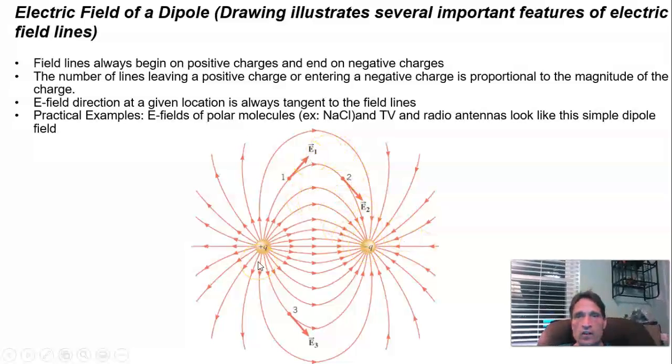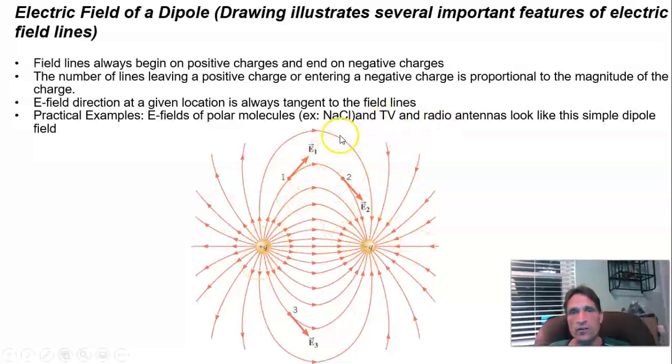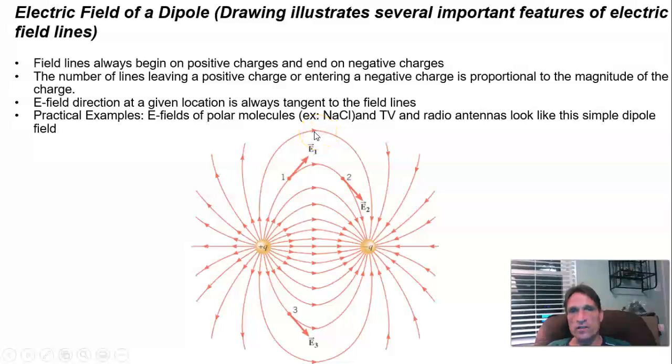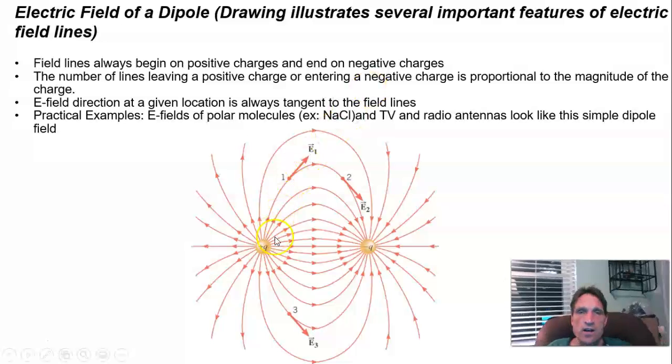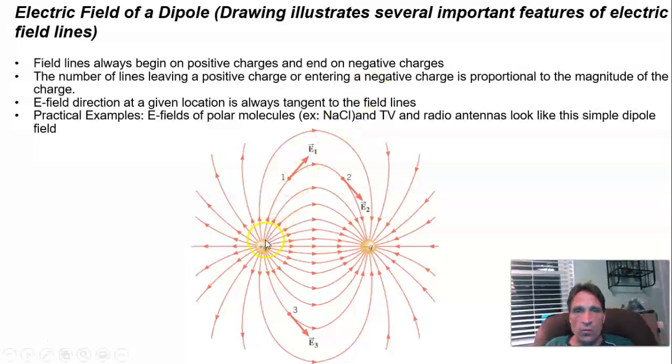Once we know the electric field, this is the force per charge that any charge Q would experience anywhere in space due to this dipole. And we see again that the electric field lines always begin on positive charges, and they terminate on negative charges.